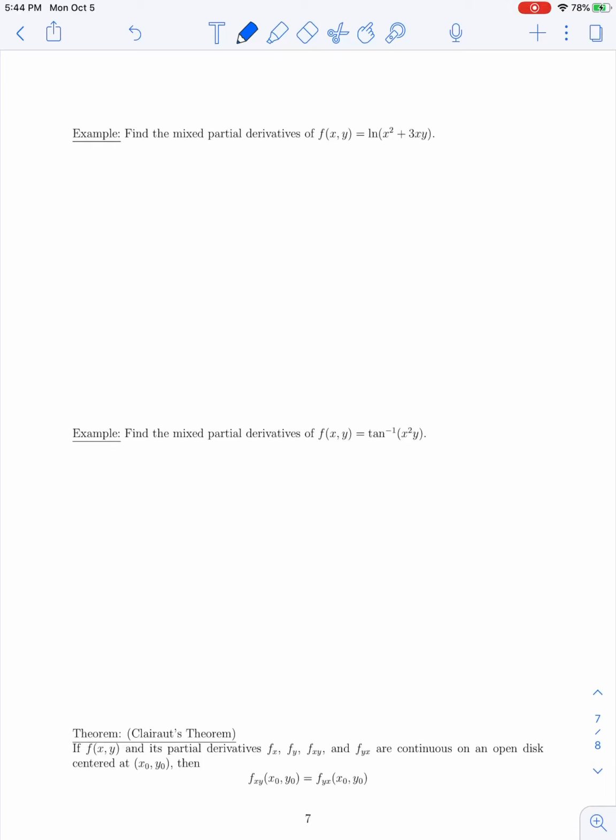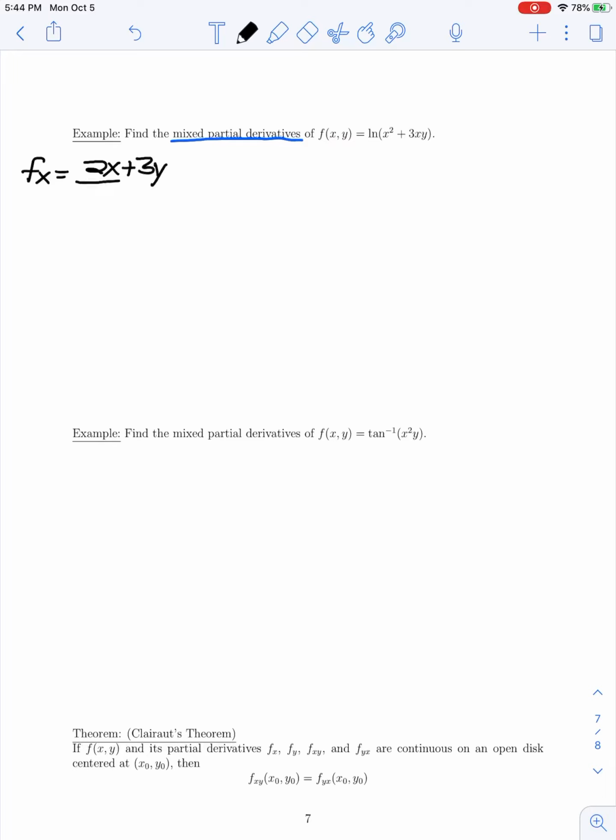So for our next problem, we're asked for the mixed partial derivatives, so just the mixed partials here, of f of xy, which is the natural log of x squared plus 3xy. So starting with our first order partial derivatives using the chain rule, the partial of f with respect to x would be 2x plus 3y.